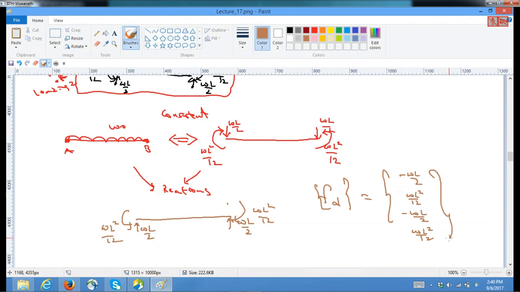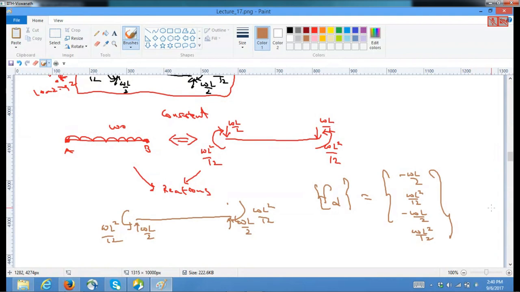A lot of commercial finite element software also use such consistent loading. You can go ahead and derive it and you will get a pretty similar result.